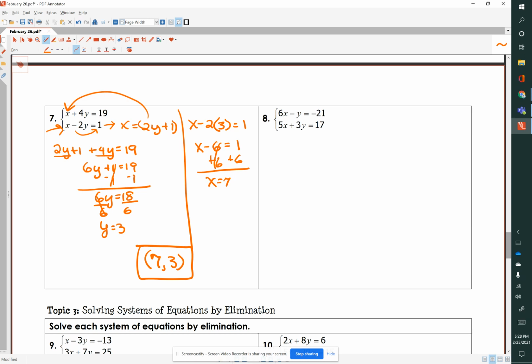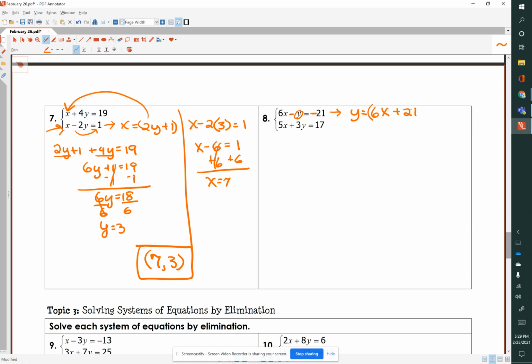And our last substitution problem, I'm going to take 6x minus y equals -21, 5x plus 3y equals 17. I think the smartest thing to do is isolate this y. And when I do that, I have y equals 6x plus 21, and this became positive when we divided by -1 to isolate y.